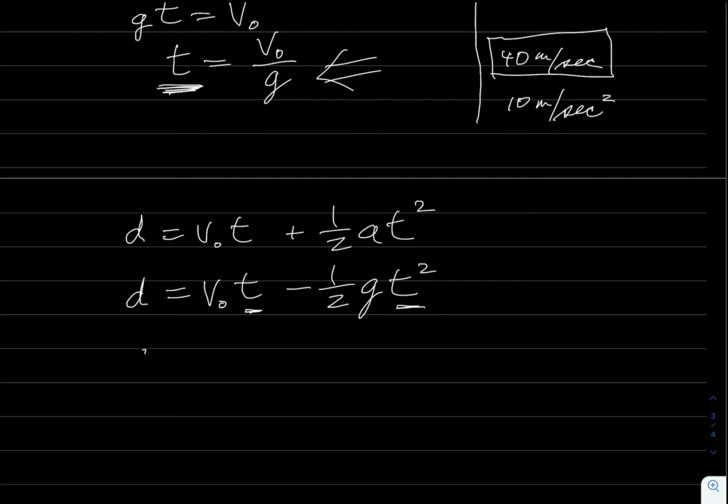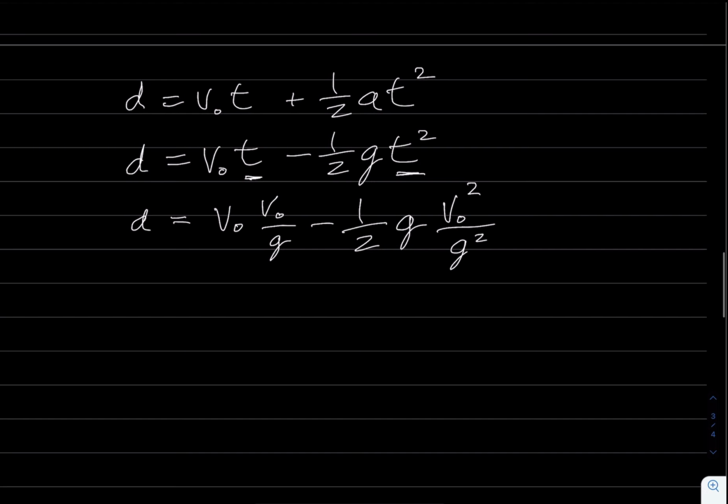So the distance equals v sub naught times v sub naught over g minus 1/2 g, and then t squared is v sub naught squared over g squared. Okay? Now, this g will cancel out with the 2 in the exponent here, and we have d equals v sub naught squared over g minus 1/2 of v sub naught squared over g.